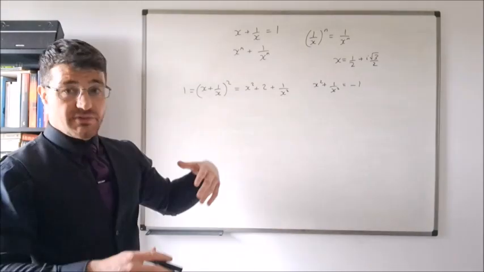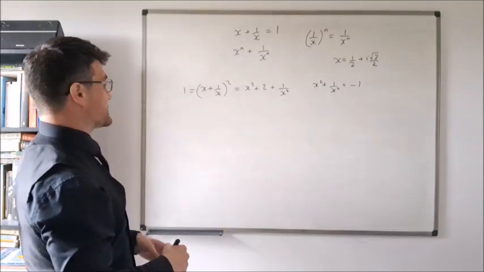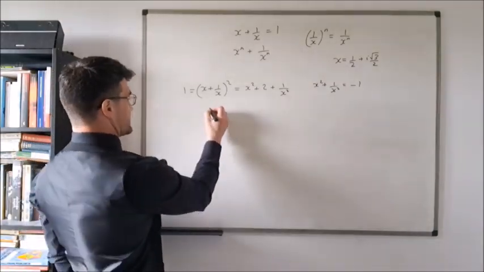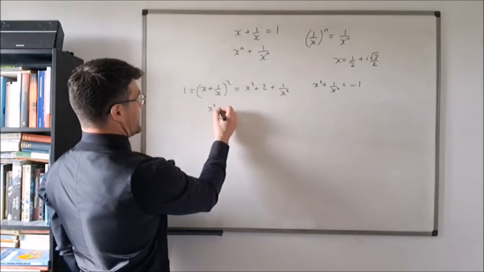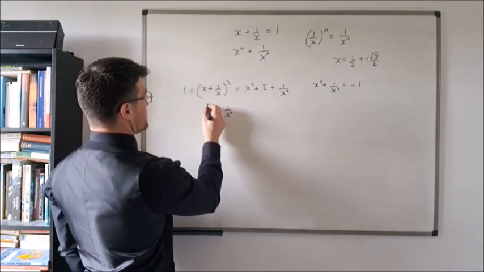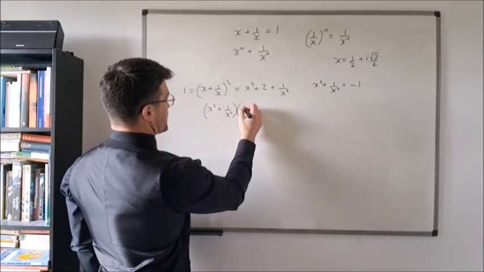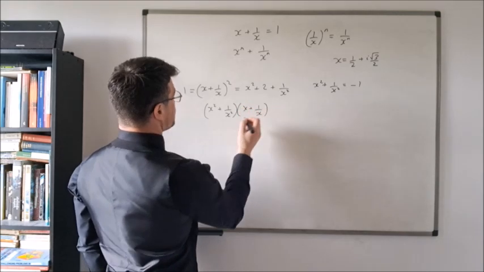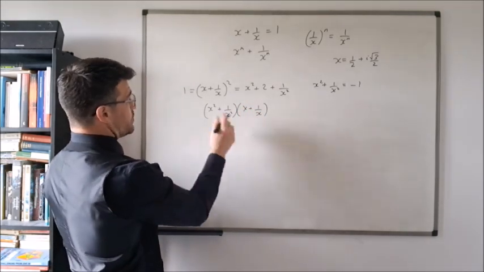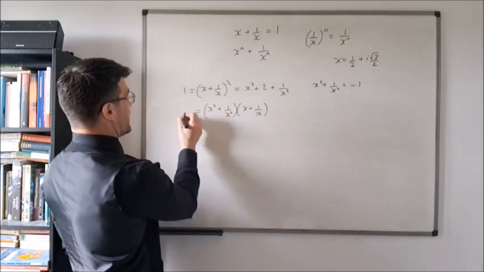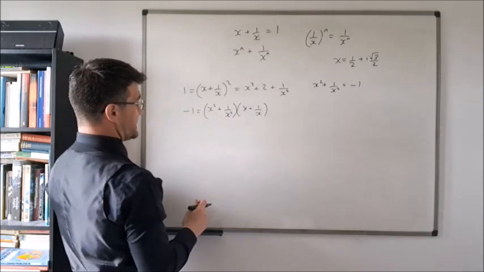Then I decided to move on to x cubed plus 1 over x cubed. So how do I do that? x squared plus 1 over x squared times x plus 1 over x. Well, this is just equal to 1. This is equal to minus 1. So the product is going to be equal to minus 1.